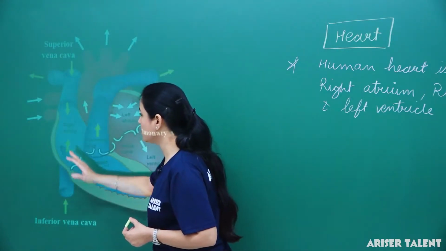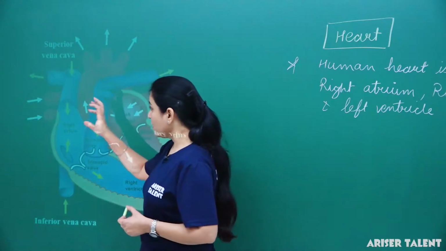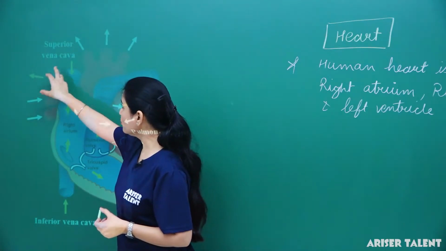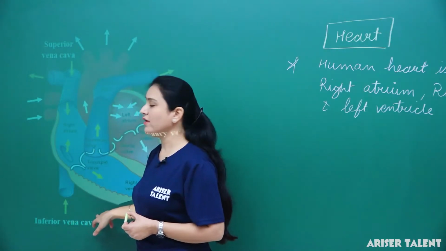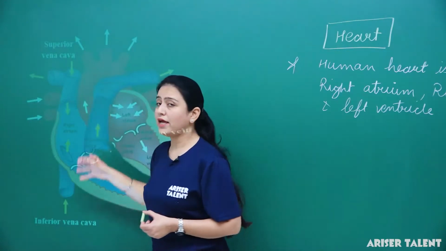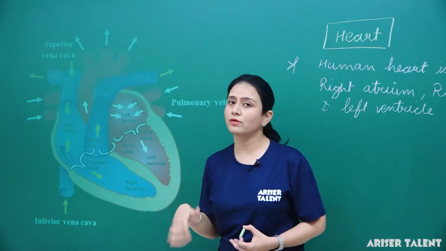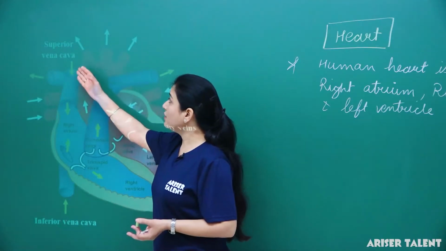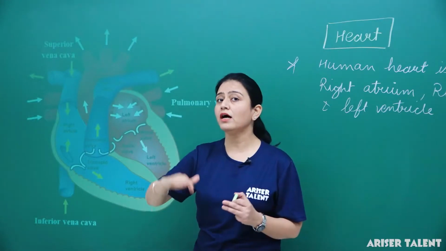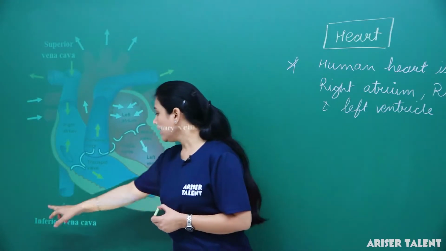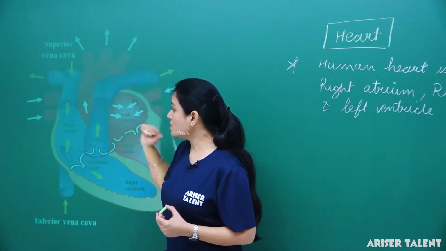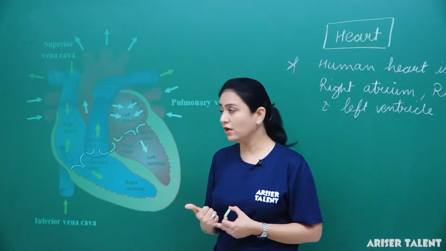Here we can see the structure of the heart. As I told you in my previous lecture, the superior vena cava and inferior vena cava, which open in the right atrium, carry the deoxygenated blood from the body. Superior vena cava brings the deoxygenated blood from the upper part of the body, and inferior vena cava brings the deoxygenated blood from the lower part of the body.